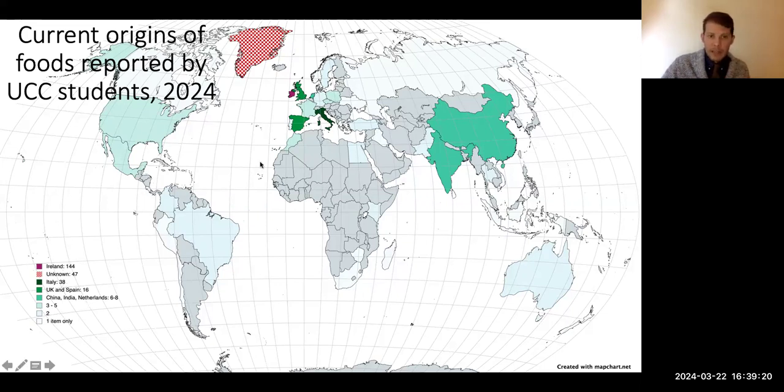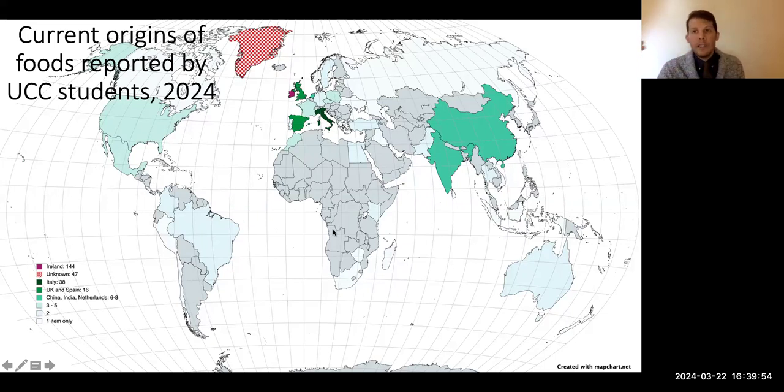Now, beyond that, I was surprised to see that Italy is such a strong supplier of food for Ireland. Italy, Spain, and the United Kingdom all figure quite prominently. And then there's a broad but fairly thin supply of food really from all over the rest of the world. A handful of items from Australia and New Zealand, South Africa, Madagascar, a few from the Americas.